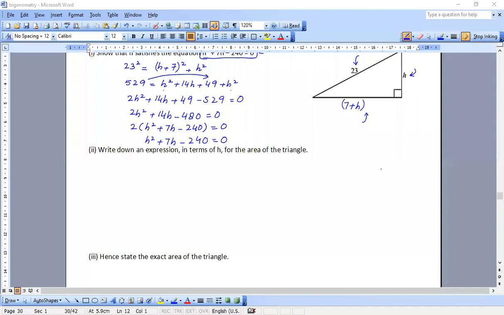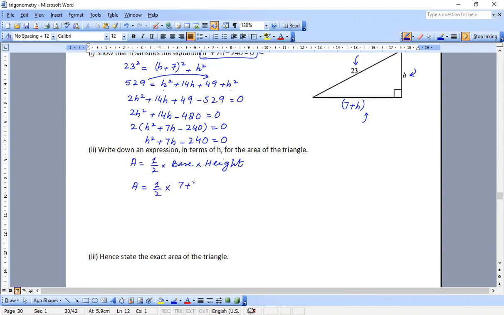In the next part, write down an expression in terms of h for the area of the triangle. Okay, we all know that the area of a triangle is equal to 1 upon 2 multiplied by base multiplied by height, right? In this situation, 1 upon 2 remains 1 upon 2.